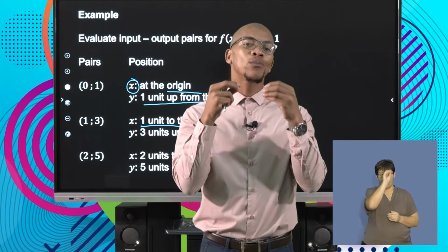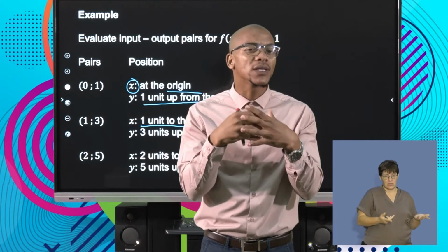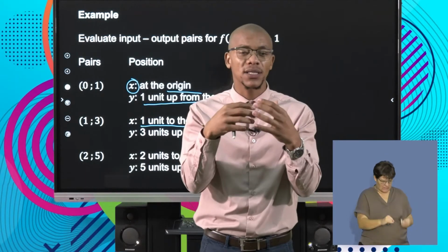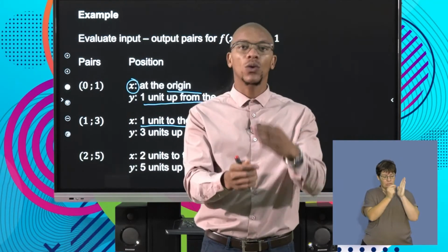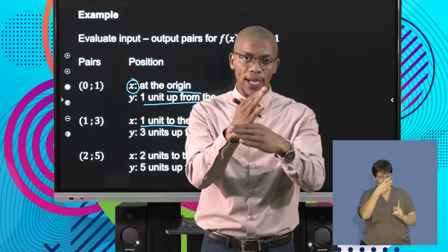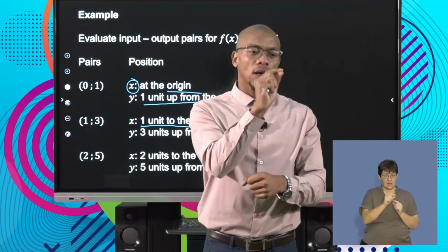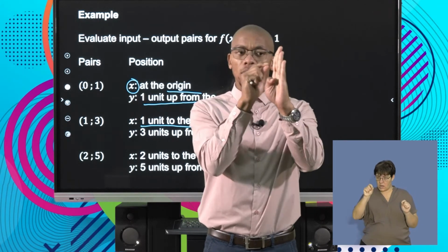But when you're plotting those points, if you are not familiar with how to do it and you are still trying to grasp this thing, I would suggest that you use a dotted line. So on your piece of paper, when you are working it out, there's a Cartesian plane, right? And then you take a pencil, you move with a dotted line from 0, 1, right?